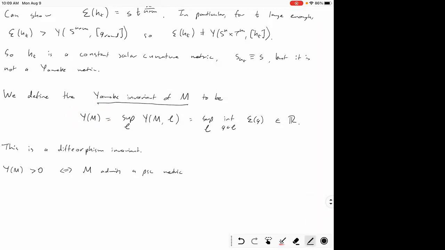Okay. So we have that this invariant is a diffeomorphism invariant, but it's not a homeomorphism invariant.